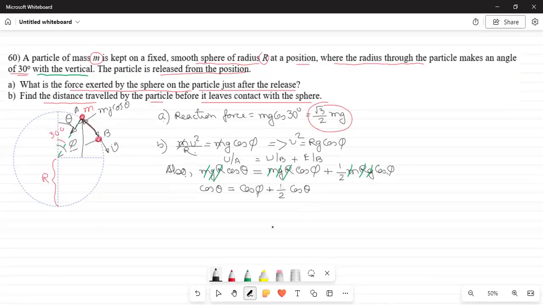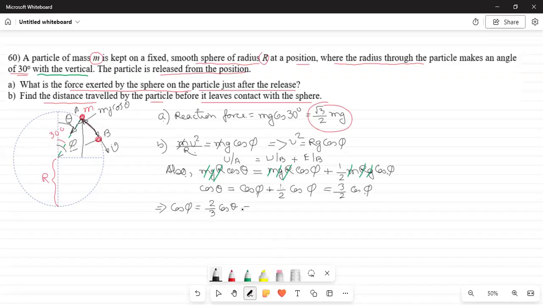So this is not cos theta, there was a mistake, this is cos phi. So this is equal to 3 by 2 cos phi. Therefore, cos phi is equal to 2 by 3 cos theta.